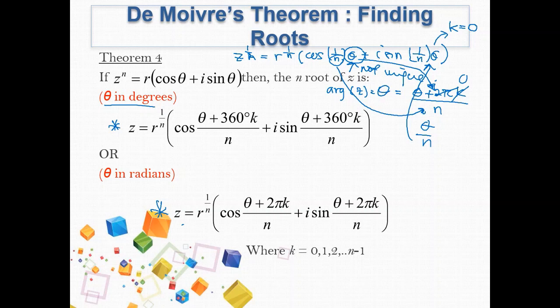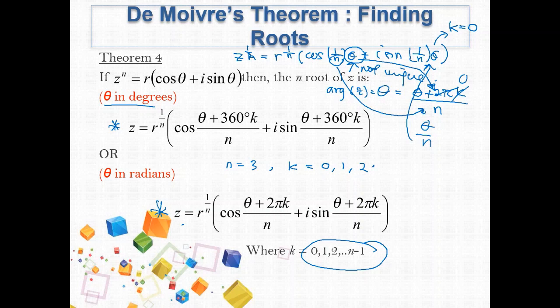If your n is equal to 3, your k is 0, 1, 2. You see? k must be from 0 up to n minus 1. So if your n is equal to 3, your k will start from 0, 1, and n minus 1, 3 minus 1 is 2.